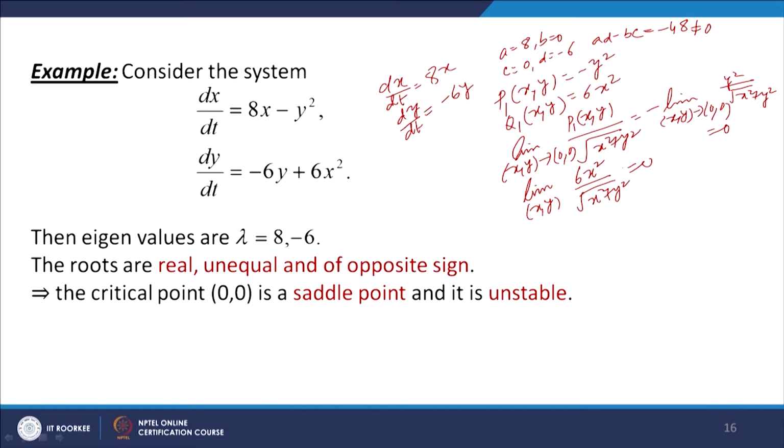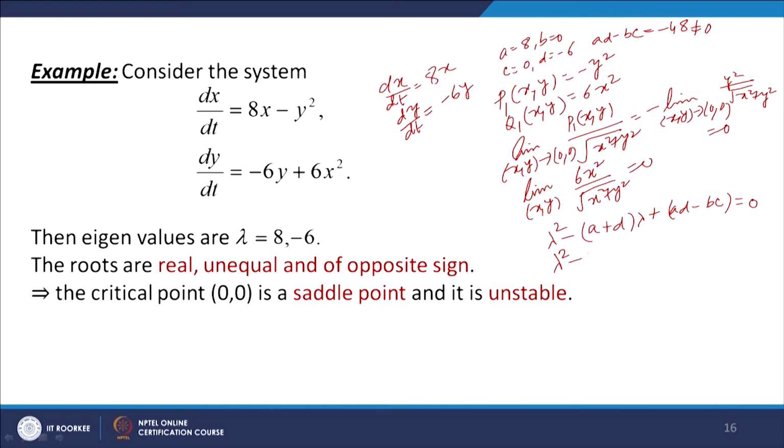Now, let us see the characteristic equation: lambda square minus (a plus d) lambda plus (ad minus bc) is equal to 0. So, lambda square minus (a plus d), where a is equal to 8, d is equal to minus 6.